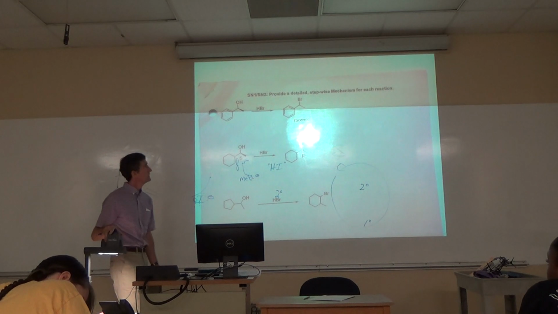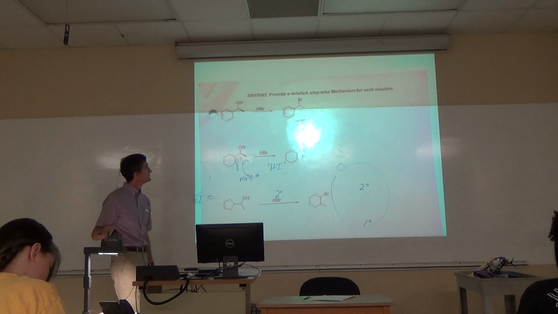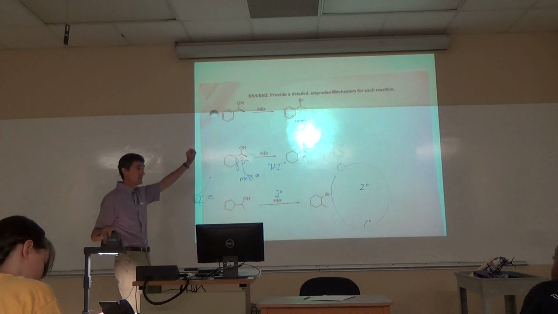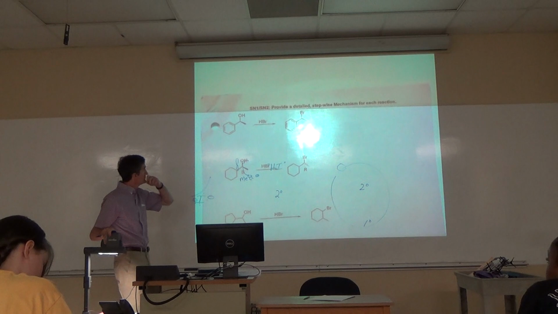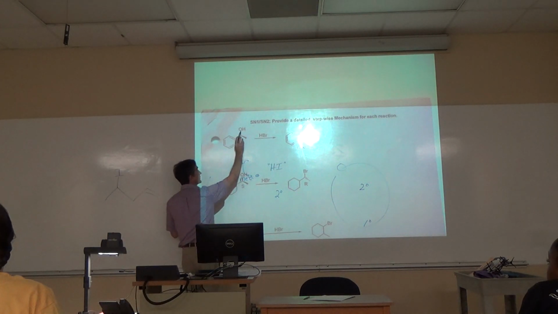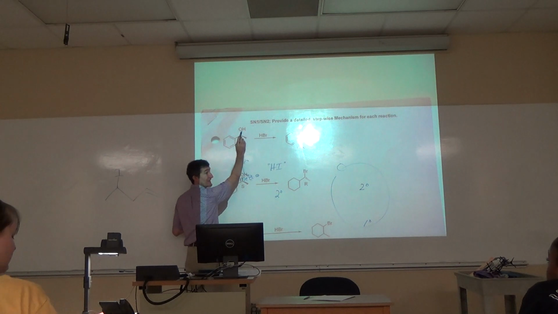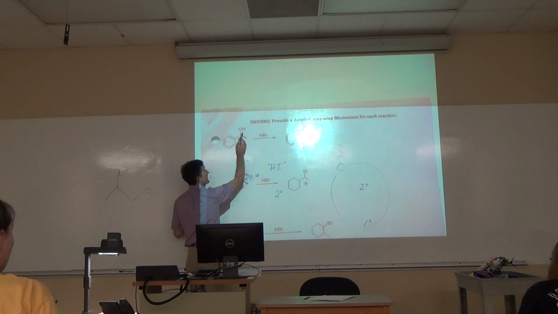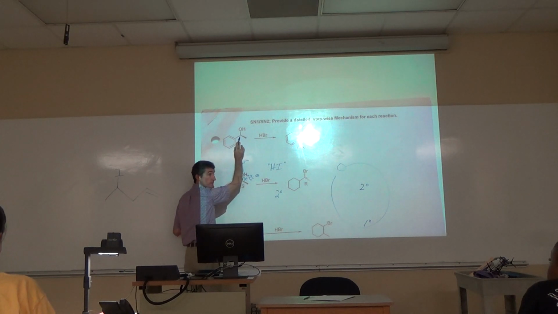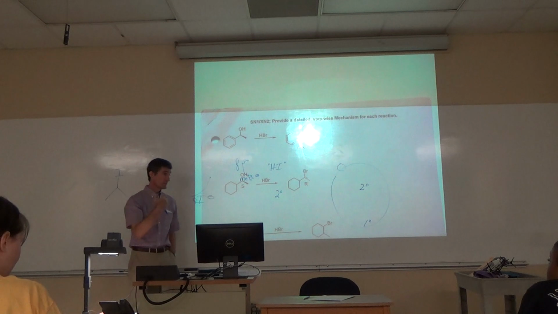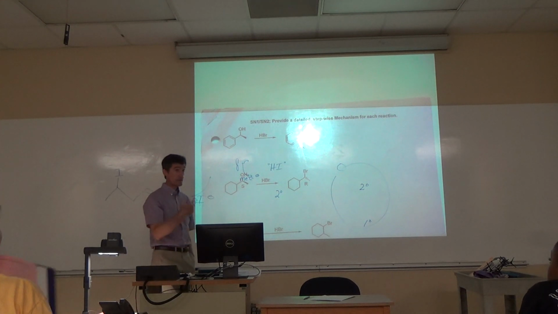Let's look at the specific one. If you didn't give us that product... Okay, can this be a leaving group? We've got to have some acid. Do we have acid? Yes. Okay, H plus. It's on a secondary carbon. So is it SN1 or SN2? Well, the answer is it could be either.